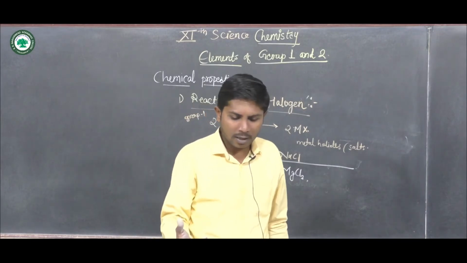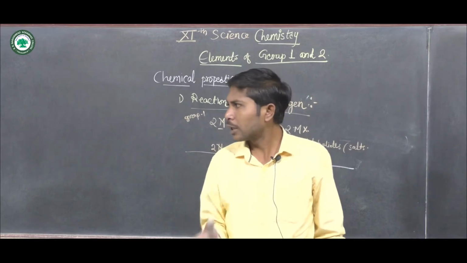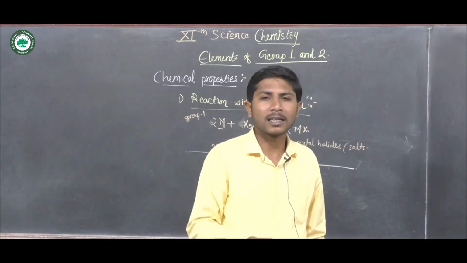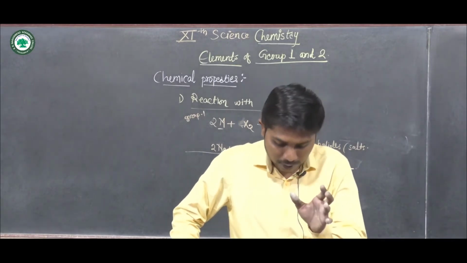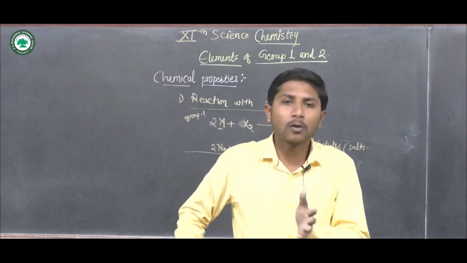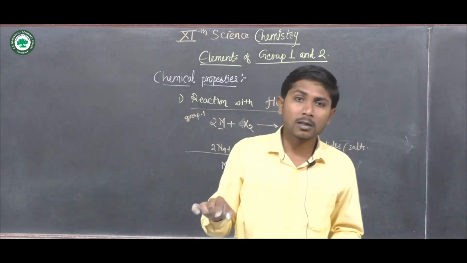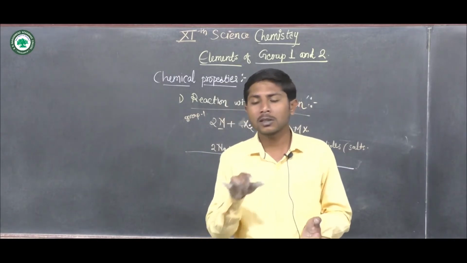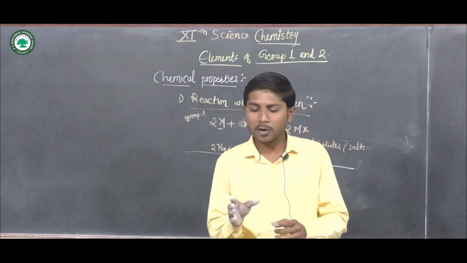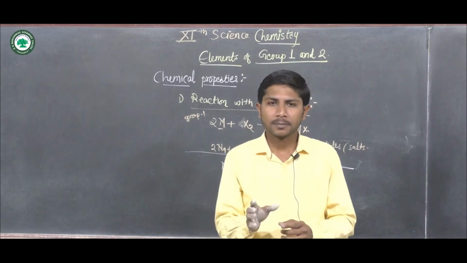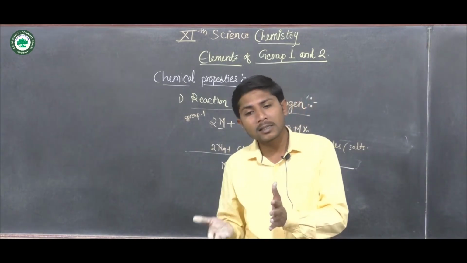Now there are some important products or compounds we have to study in group first and second, and the diagonal relationship we will see in the next lecture. But just remember what the diagonal relationship is. Diagonal means their position is exactly crossed along the diagonal, whereas in the modern periodic table, elements belonging to the same group have similar properties and there is a slight gradation.